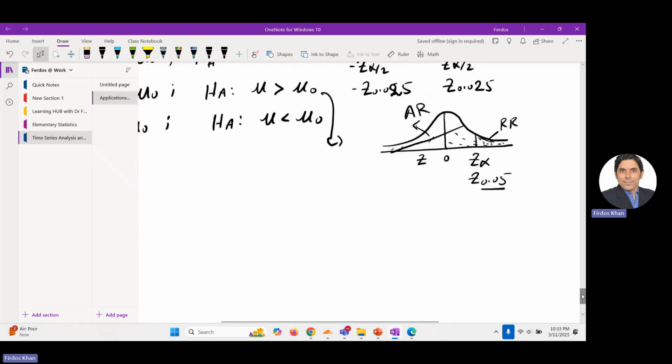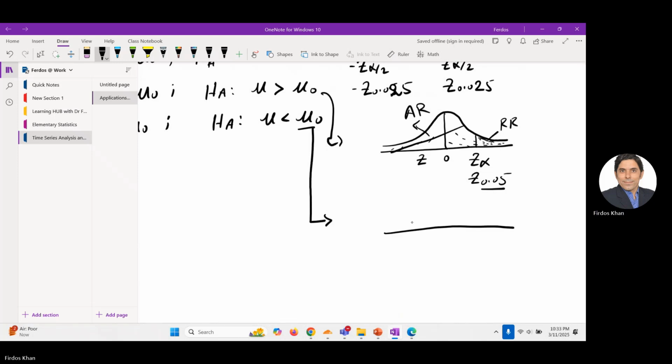Now the third and last case. The rejection region should be something like this. Remember that mu is less than mu naught, so the rejection region will lie on the left side in this case, that is minus Z 0.05 if the value of alpha is equal to 0.05.